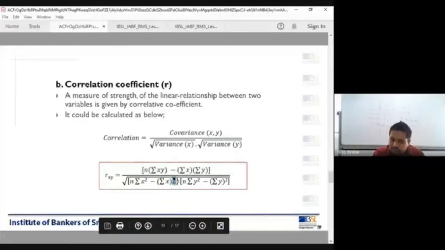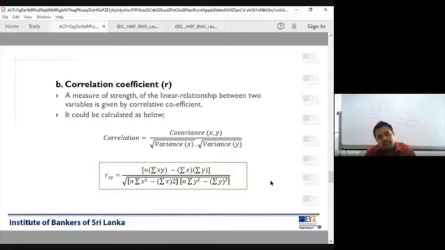That means this should be the power, not the multiplication. Sorry about that typo. So n sigma x square minus sigma x, all squared. Now sigma x means the summation of 3, 5, 4, -1, the values. Let's say that summation will come up to 10 in that class example. So 10 to the square. So that's the idea of one side.